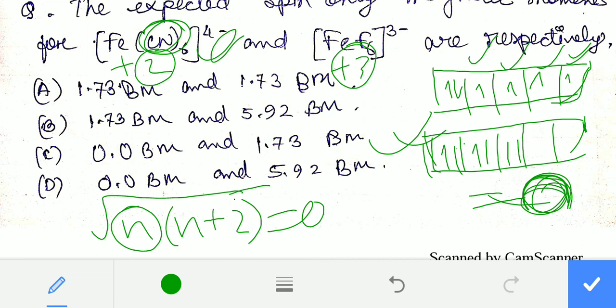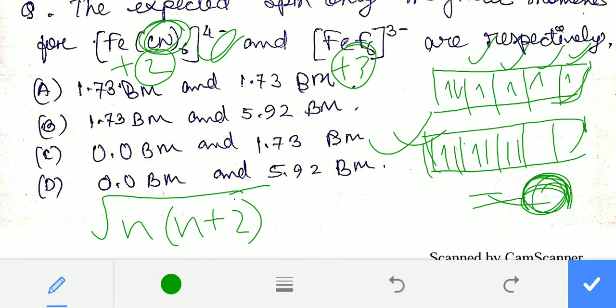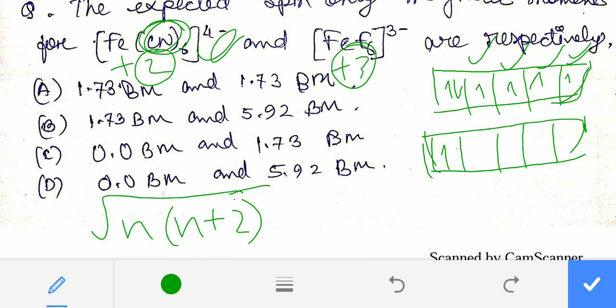So in option C and option D we have 0 Bohr magneton, and we also need to calculate the magnetic moment for this compound. Now here Fe is present as 3 plus. So there will be 5 valence electrons, that is 3d5 will be the structure here, the outermost electronic configuration.